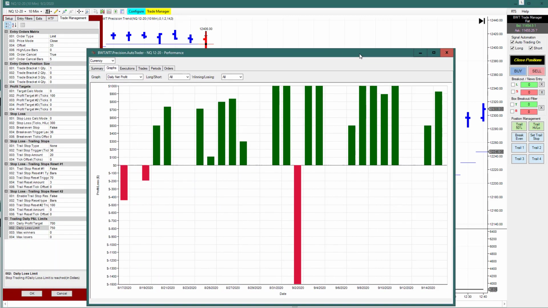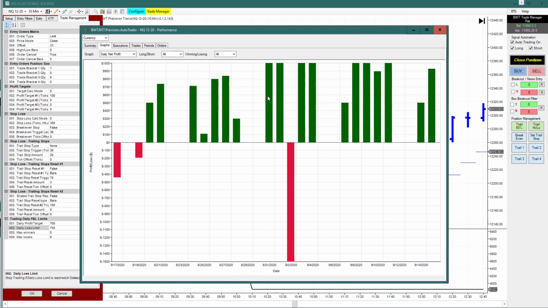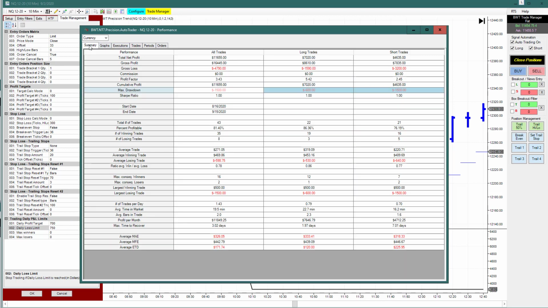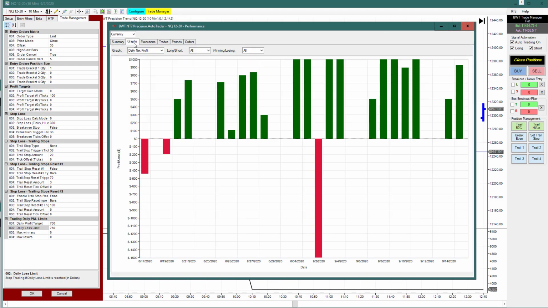Also, if we look at the backtest here, we see all these days where the profit went to $1,000 and not the daily profit target of 700. So this is all incorrect. So the test is not as good as it looks here. There's a discrepancy of $300 on at least 7 or 8 days here.